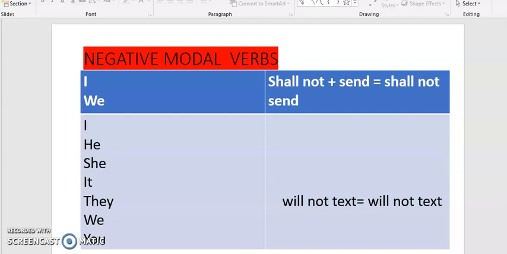The sentence will be like this. I will not text. He will not text. She will not text. It will not text. They will not text. We will not text. You will not text.